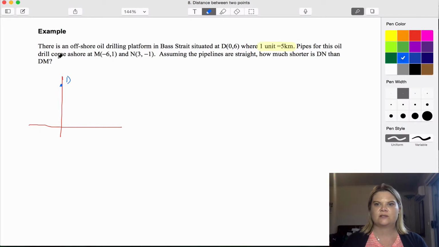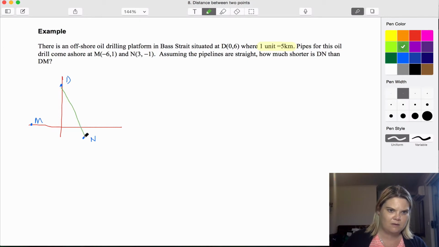Pipes for this oil drill come ashore at (-6, 1), which is M, and (3, -1), which is N. Assuming the pipelines are straight, how much shorter is DN than DM?